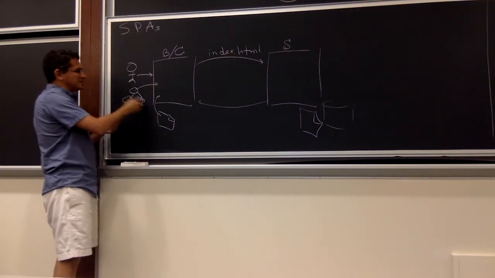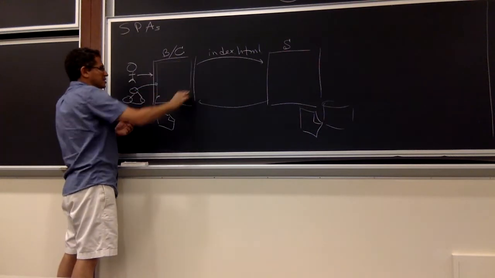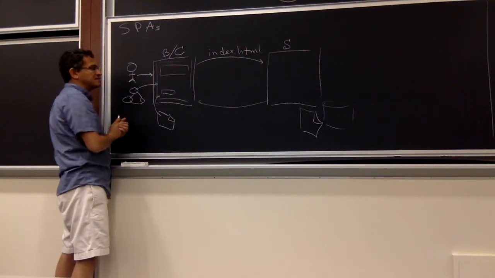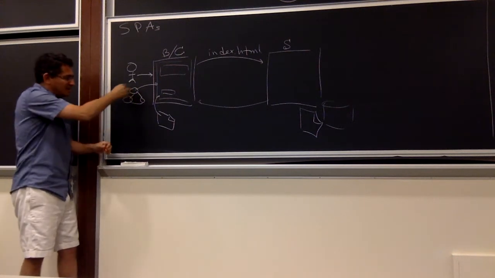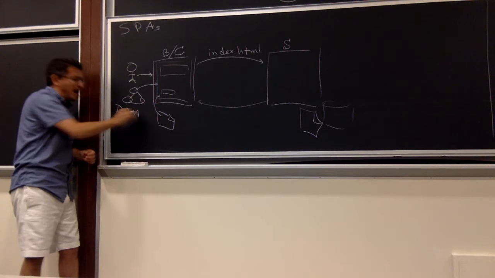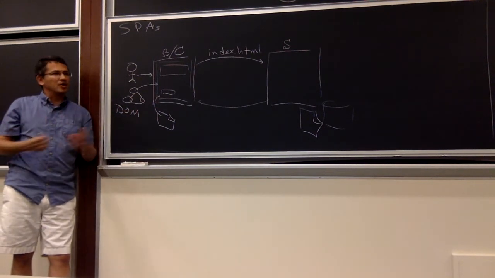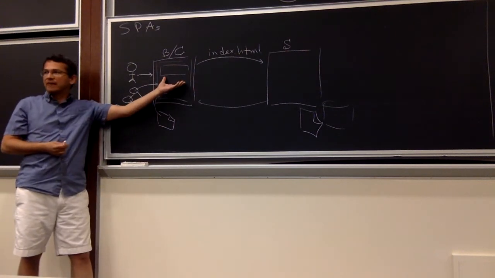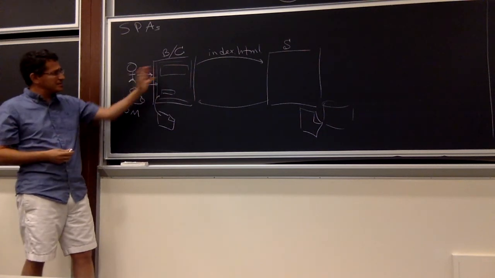Some objects might represent a window, some a button, some a text area. So there are different objects here. This object, or set of objects, we refer to as the DOM, or the document object model. It's just in memory how the browser represents the document that you're looking at right now. It's being rendered in front of you. So this gets rendered.